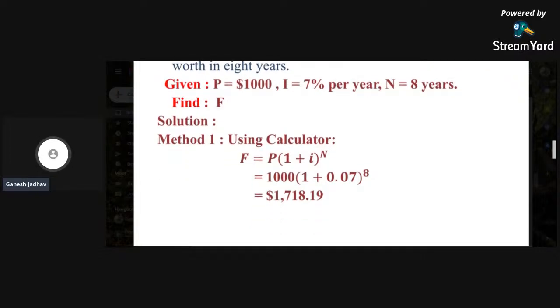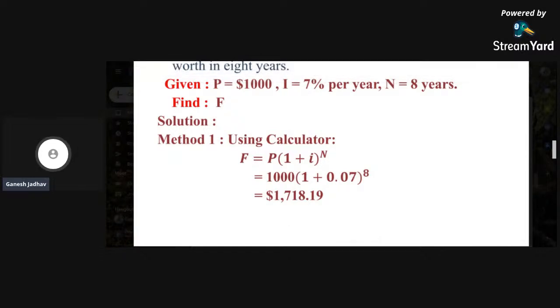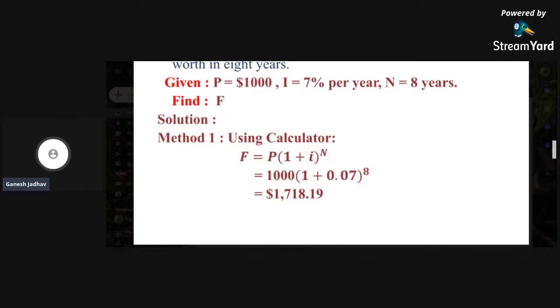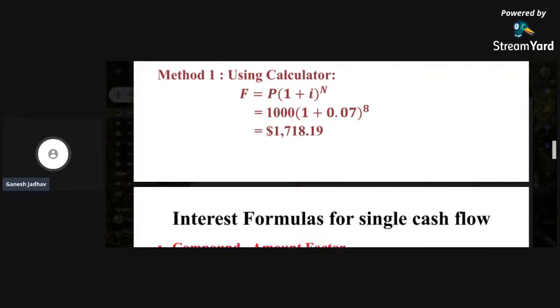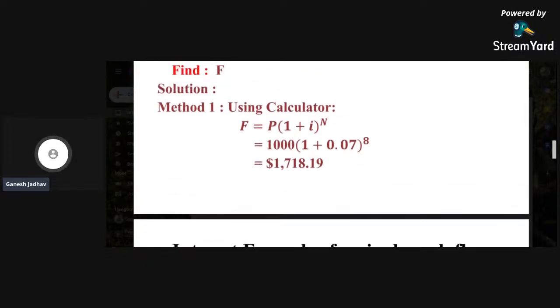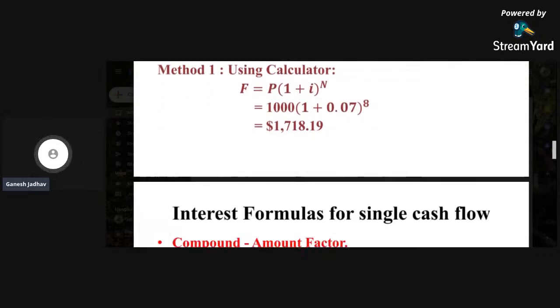P is 1,000 times (1 plus your interest rate of 0.07) raised to 8. So your future amount is $1,718.19. You can calculate this by using a calculator or by using the formula.